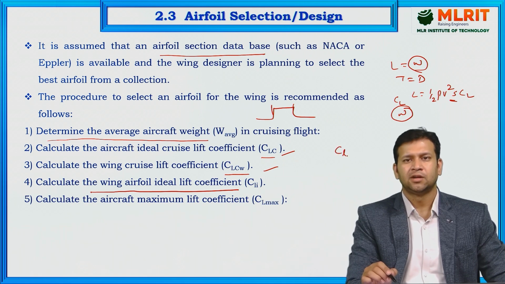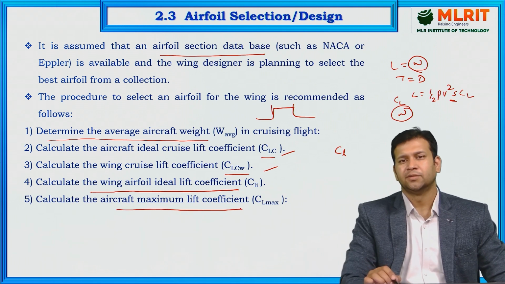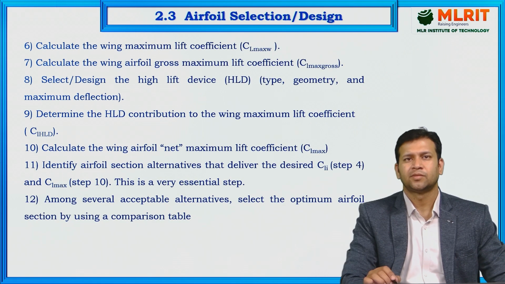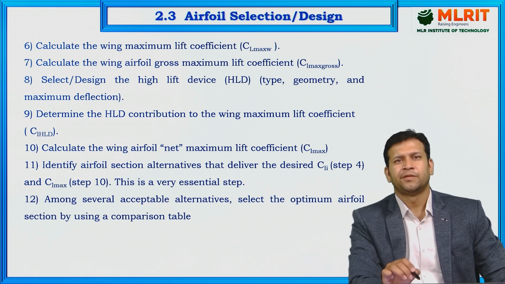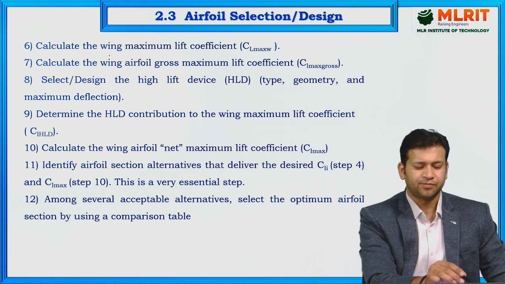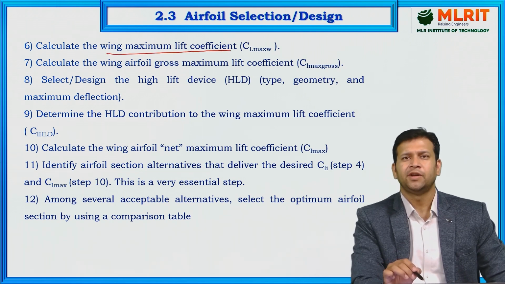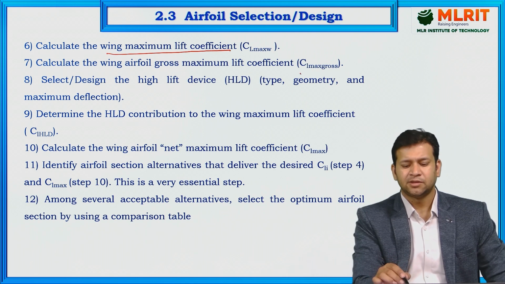And after that, we'll calculate the maximum lift coefficient of the airfoil, that is CL max. Once the fifth step is done, we'll enter into the sixth, where we'll calculate the wing maximum lift coefficient, and then we'll be calculating the wing airfoil gross maximum lift coefficient, that is CL max gross.